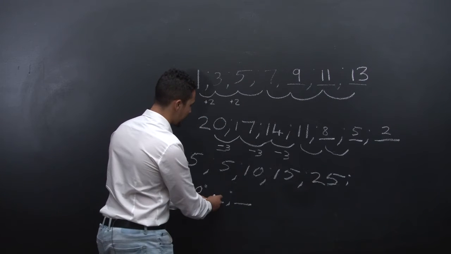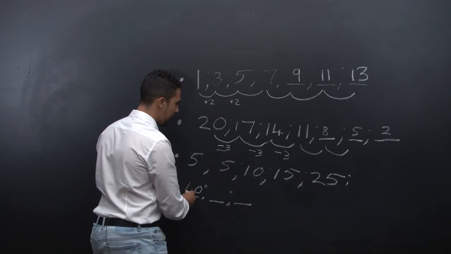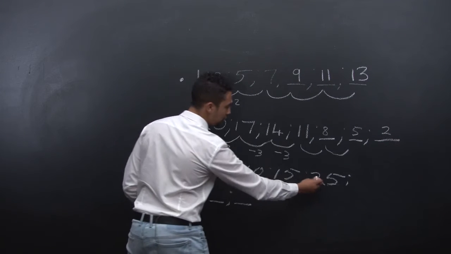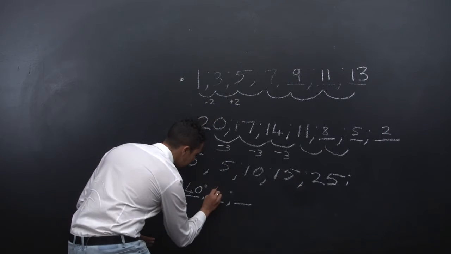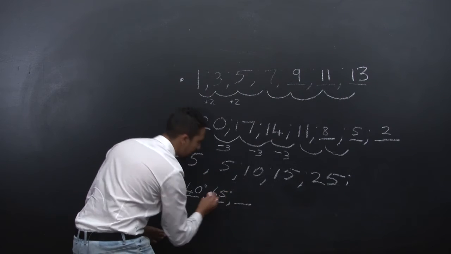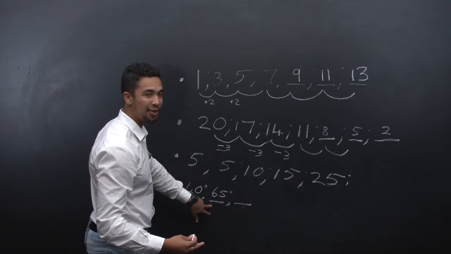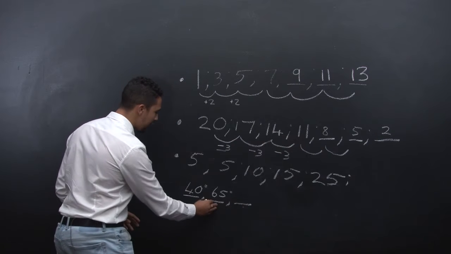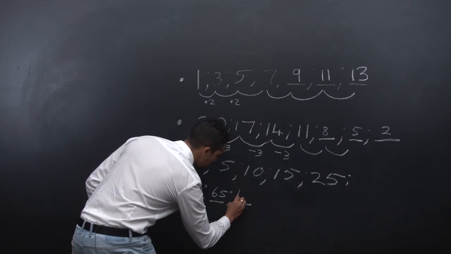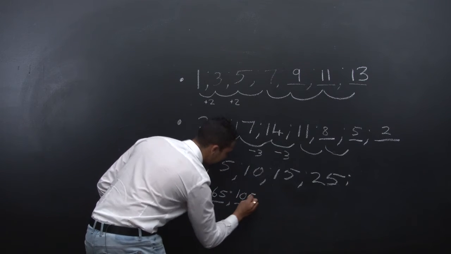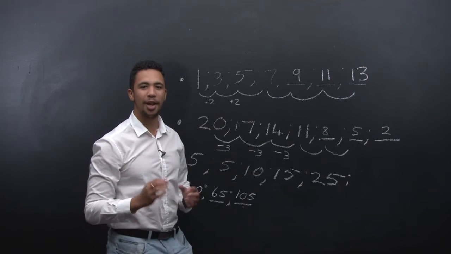How do we get the next number? 40 plus the previous number, 25, that will give us 65. And our last value, fortunately, we only need these 2 values, so I don't have to go all the way over there. 65 plus 40, that will give us 105. Now we have figured out our number pattern.